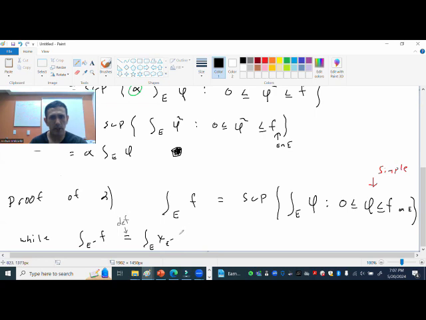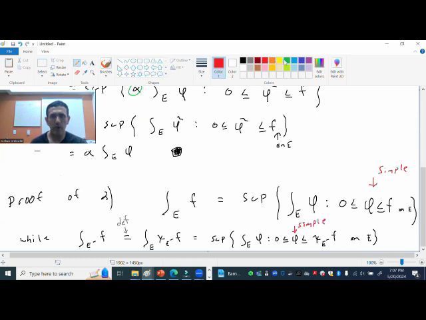Remember, E prime is a subset of E and is measurable. So it's going to be the same thing, except instead of f, it's the product of these two. Again, this is over simple functions.